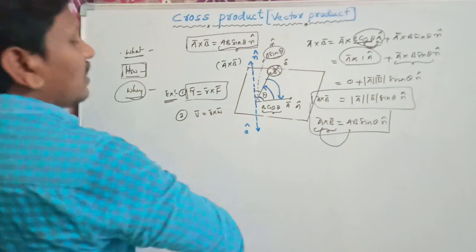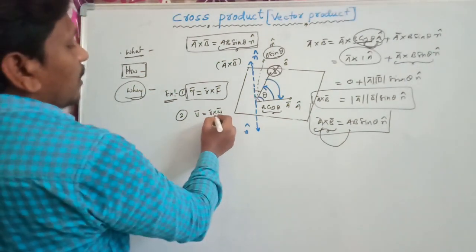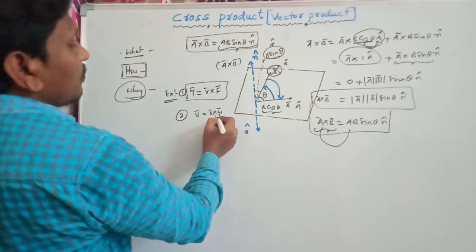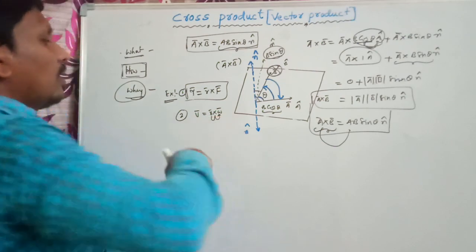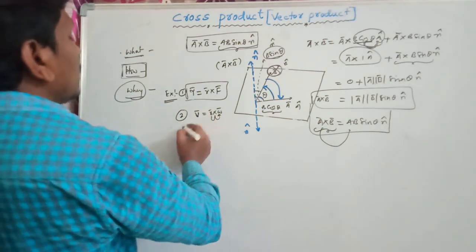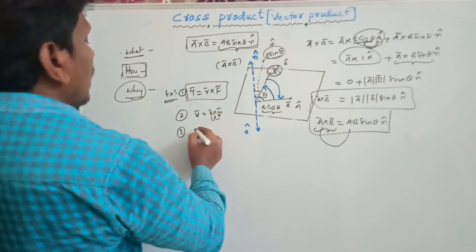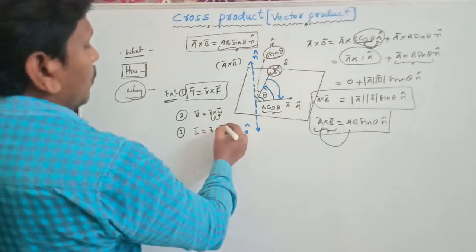This is the cross product of the angular velocity with the perpendicular distance, which gives the linear velocity. And one more is angular momentum, that is R bar cross P bar.